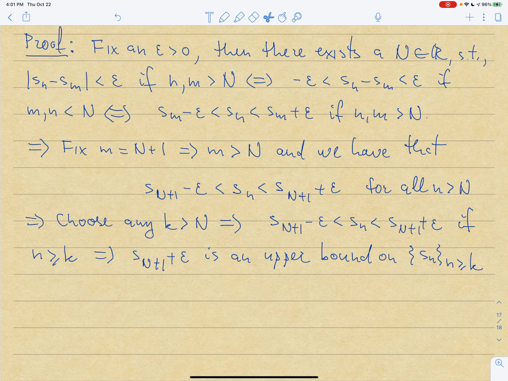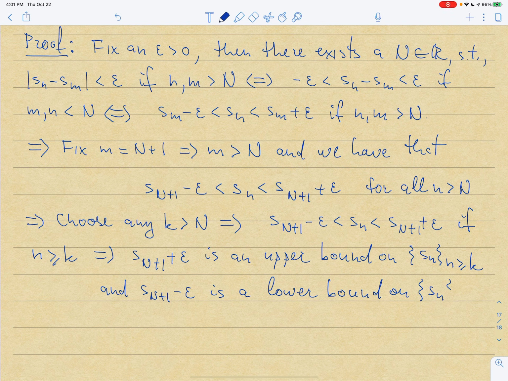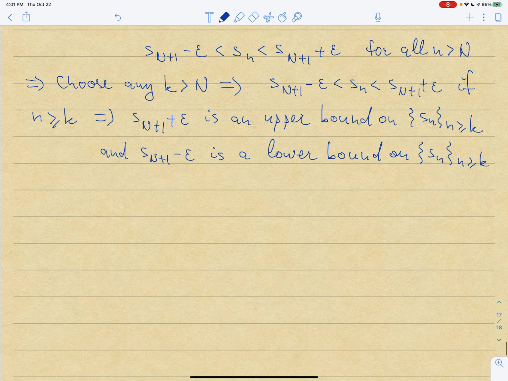And because Sn is greater than S_{N+1} minus epsilon for any n again, we also have that S_{N+1} minus epsilon is a lower bound on the same set, Sn, n greater or equal than k. All right. So if that is true, the next thing that follows is that S_{N+1} plus epsilon is an upper bound on this set.